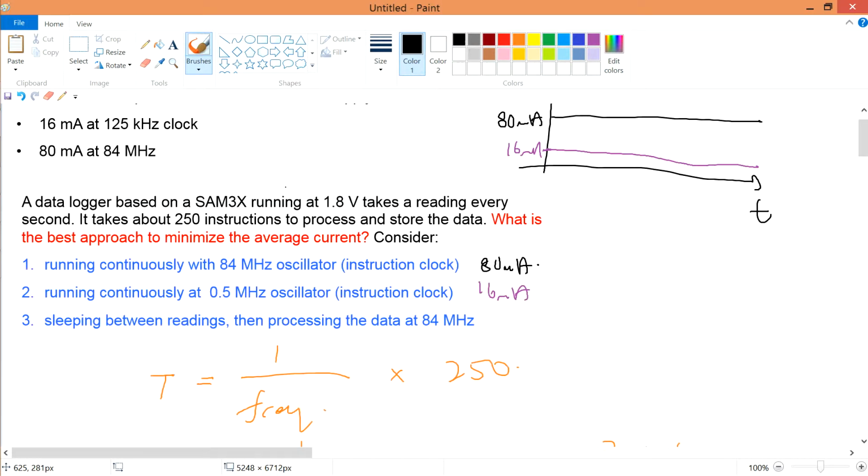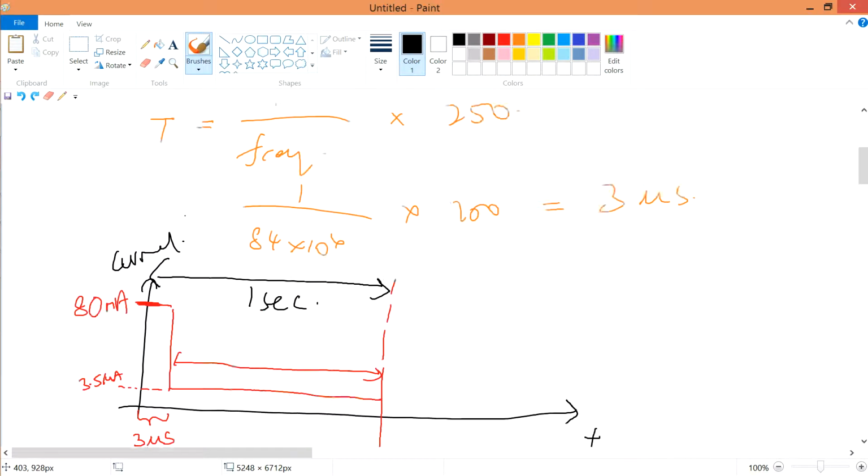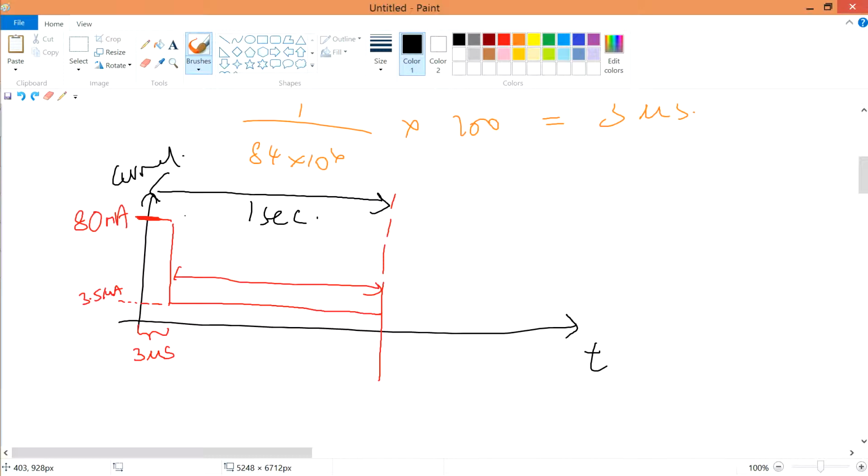So what it says is that the microcontroller SAM3X runs at 1.8 volt, takes a reading every second. So you take in 250 instructions every second per reading, within this particular 80 milliamp. The rest of the time takes in a slight current to run other components, but it's really negligible.